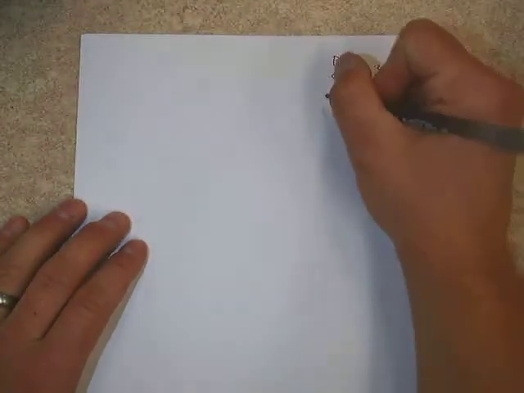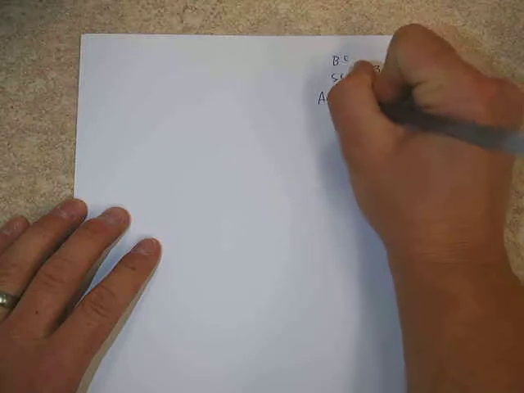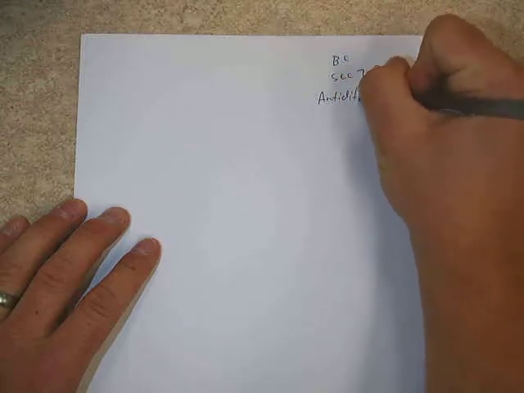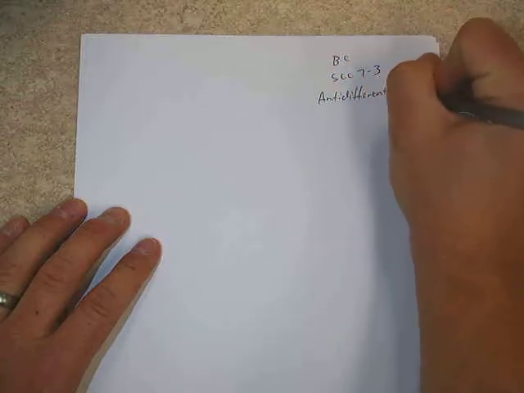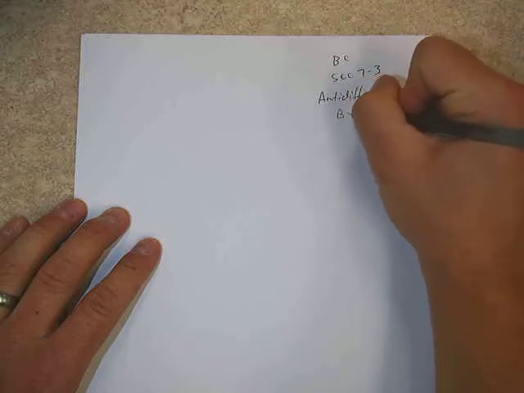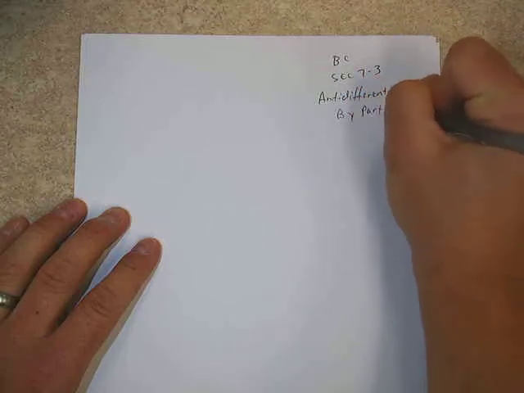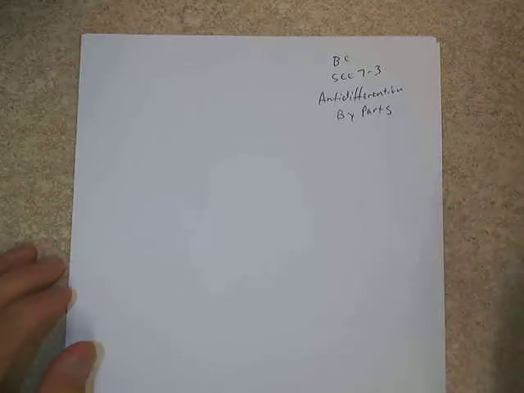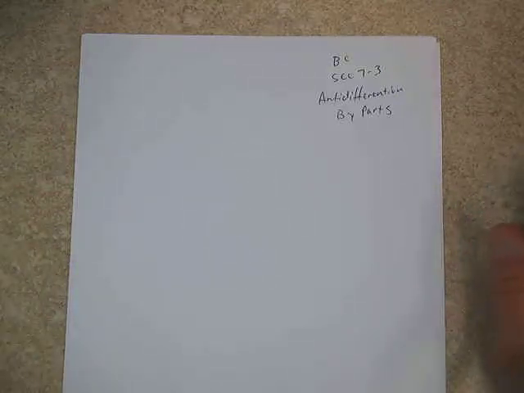Okay, for section 7.3, we're going to look at another technique of anti-differentiation, which we call anti-differentiation by parts. So far in our work with anti-differentiation, our first technique is to decide if the integrand is a known derivative, and if it is, we can anti-differentiate with relative ease.